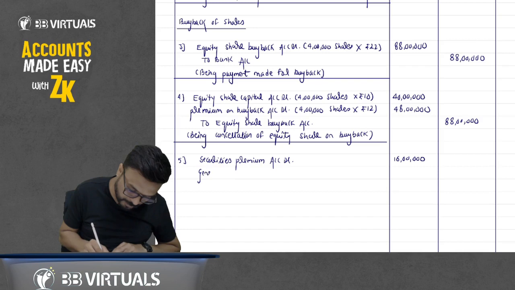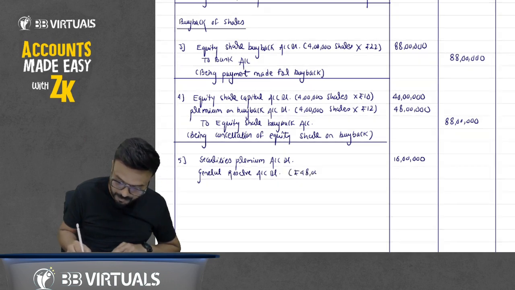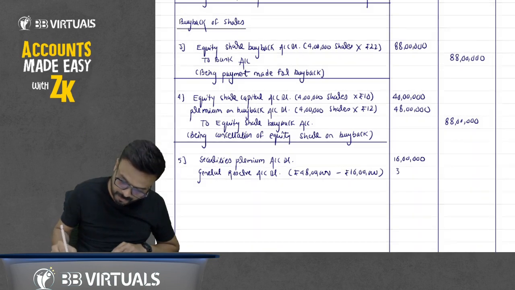General reserve account debit. So 48 lakhs is required. We have adjusted 16 lakhs out of securities premium. So 48 minus 16, 32 lakhs will be out of general reserve.